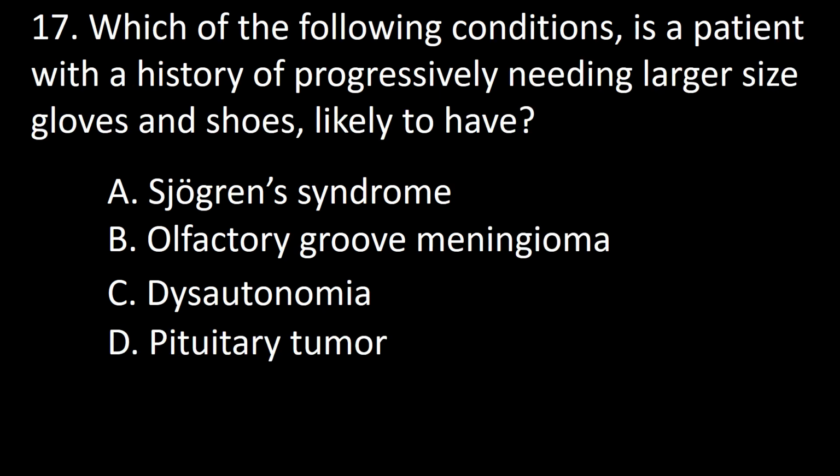Next question. Which of the following conditions is a patient with a history of progressively needing larger size gloves and shoes likely to have? A. Sjogren's syndrome. B. Olfactory groove meningioma. C. Dysautonomia. D. Pituitary tumor.